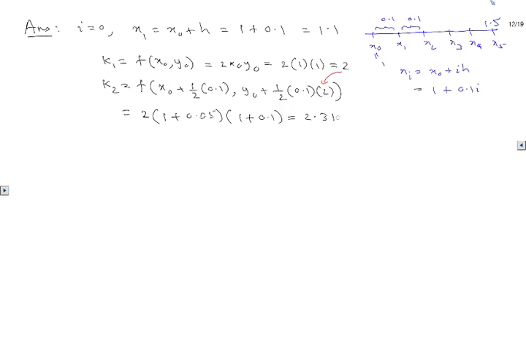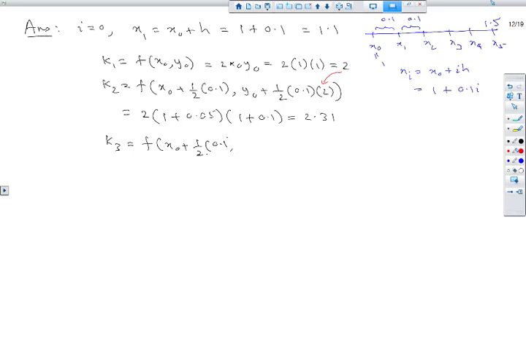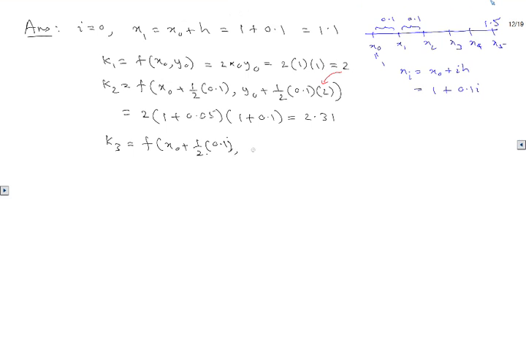Okay, so let's do k3. So what is k3? It is f of x0 plus half of 0.1, comma, we don't need this one, comma, y0 plus half of 0.1, and we use the previous value.